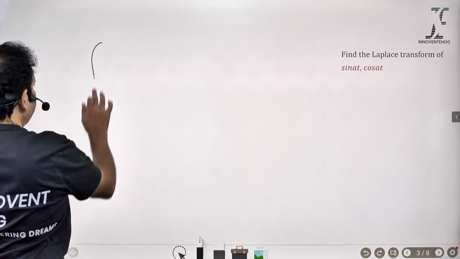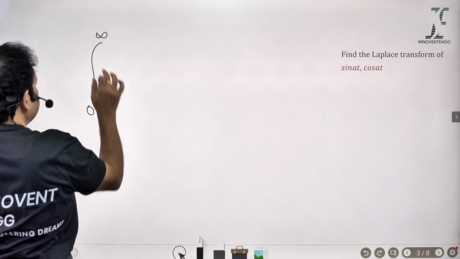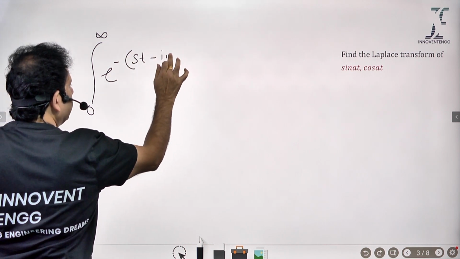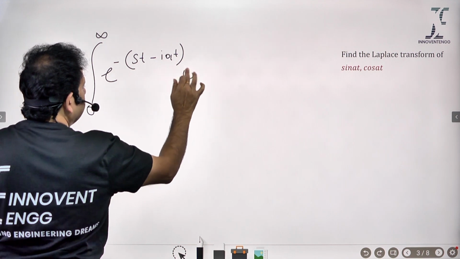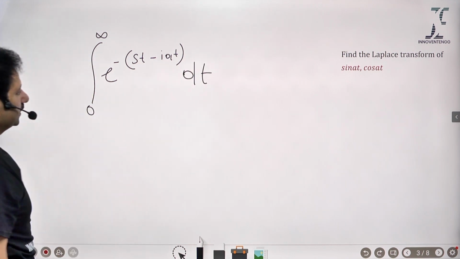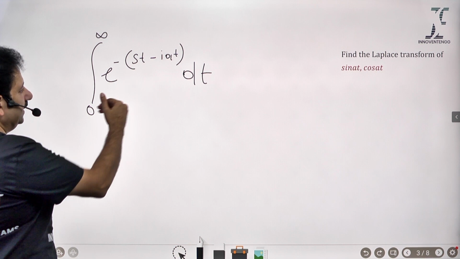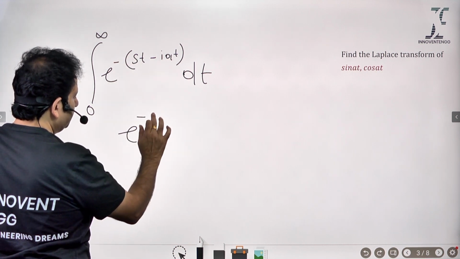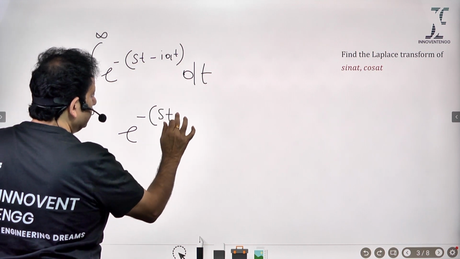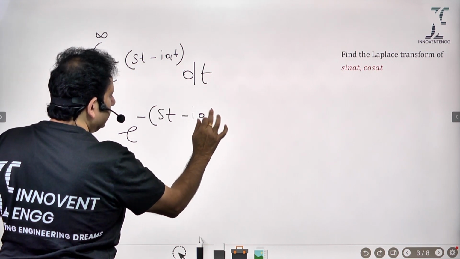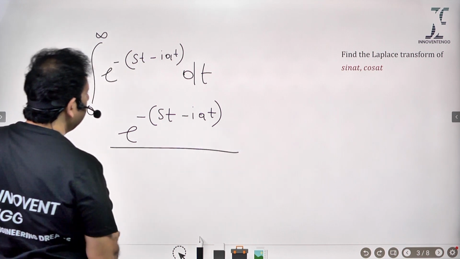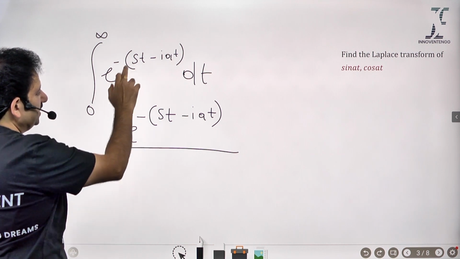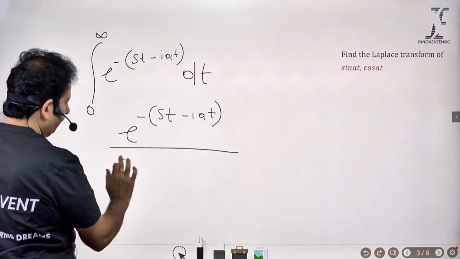So what happens now? 0 to infinity e power minus (s minus ia)t and then dt. So this is going to be my integration. Integrating an exponential function is very, very easy. The same function comes back, e power minus (s minus ia)t, and you are going to divide by the coefficient of t, which is nothing but what is that?